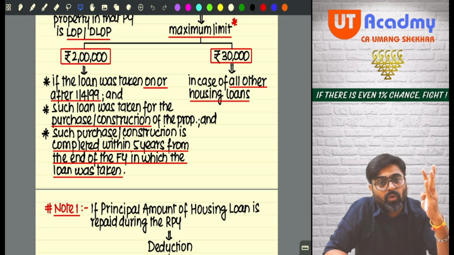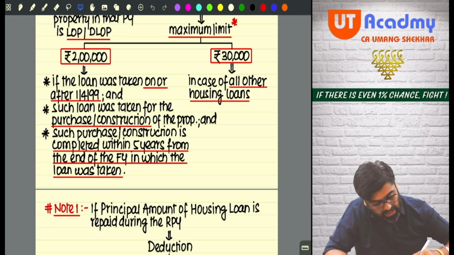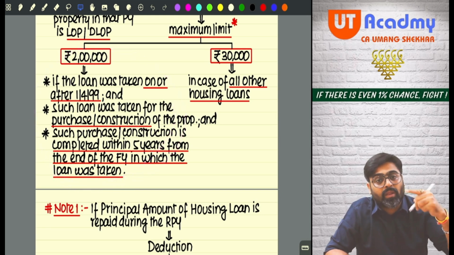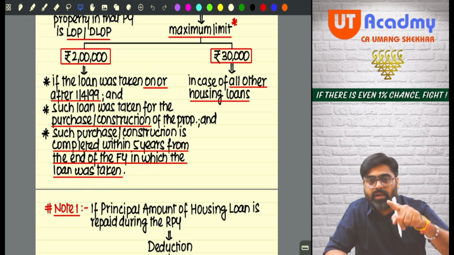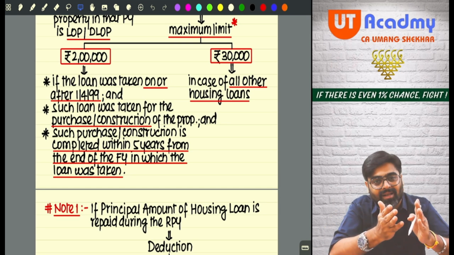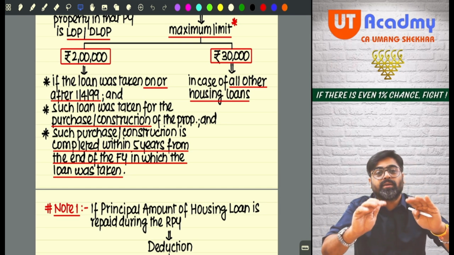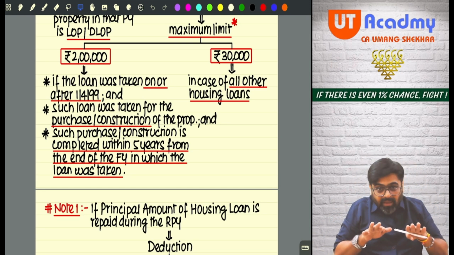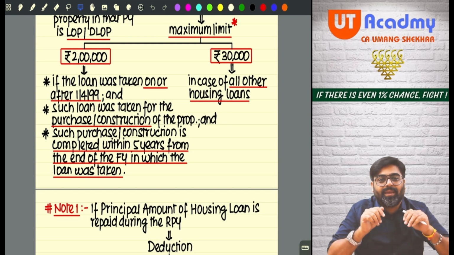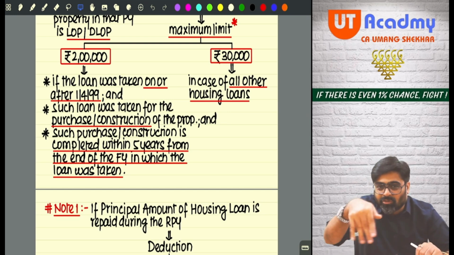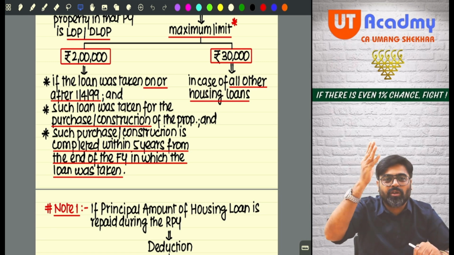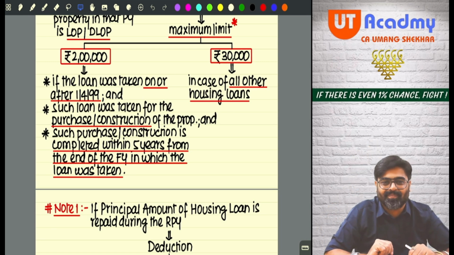And if the housing loan is any other housing loan and not this one, then on that housing loan the limit will not be 2 lakh, it will be 30,000. But this 2 lakh and 30,000 you will apply only if the property is SOP. You are not supposed to see all this if the property is LOP or DLOP.